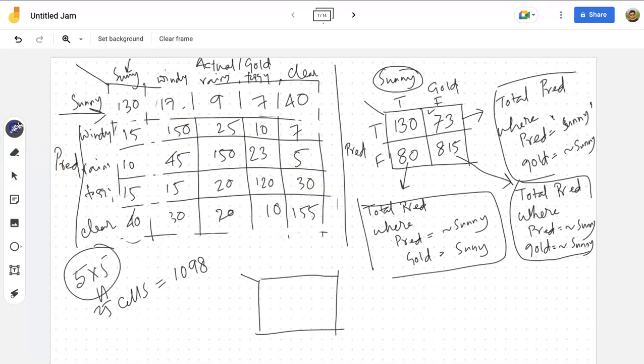Okay, I already erased the marking, so let's mark it totally. Let's take the second column, say windy. So let's calculate for windy in a similar way.